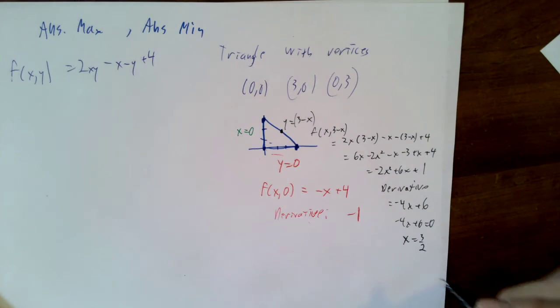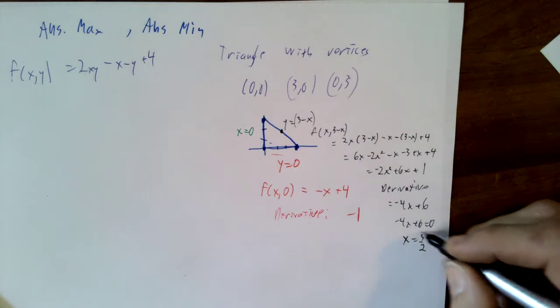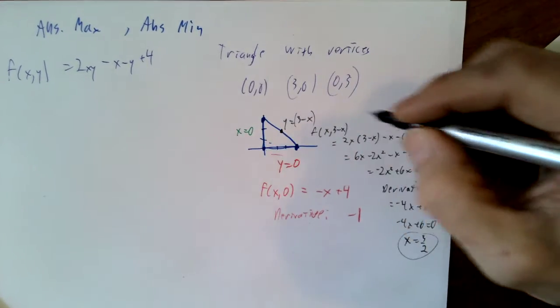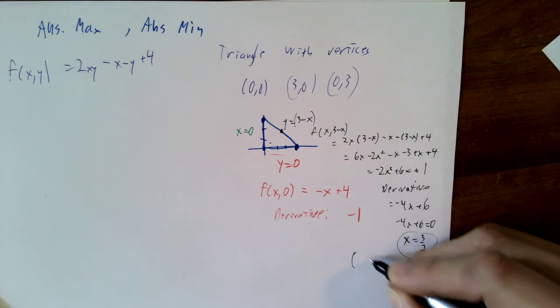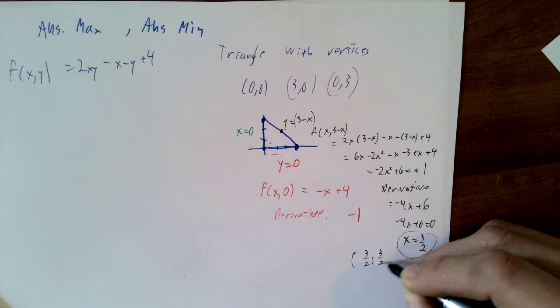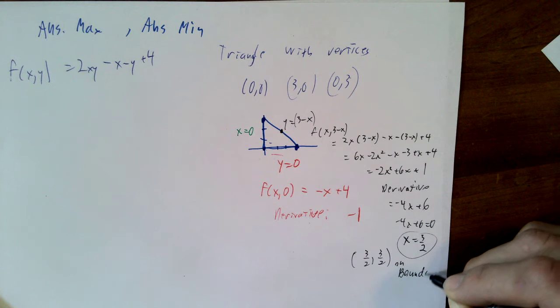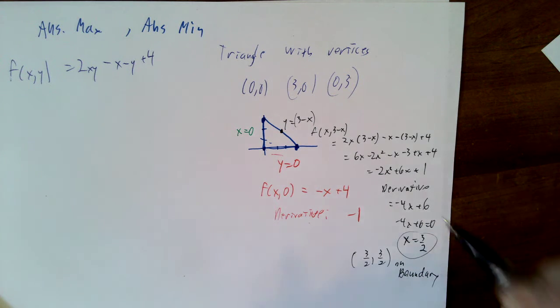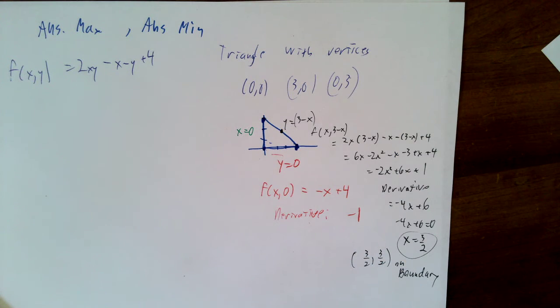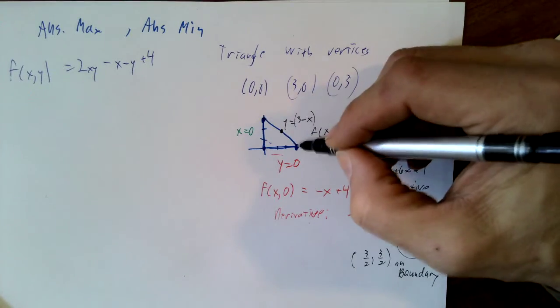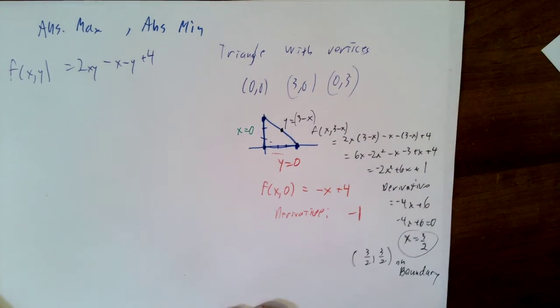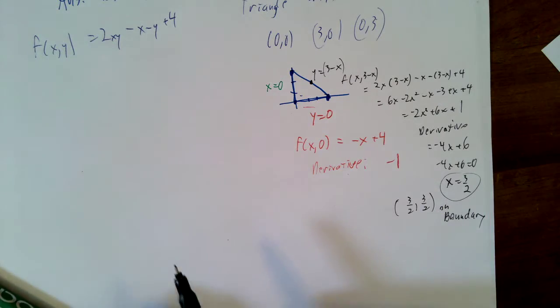There's a point out there on the line, so if x is 3 halves, y is 3 minus 3 halves. So we're looking at an ordered pair, 3 halves, 3 halves. That's on the boundary. And then the corners, of course, could be, well, I know this is a downward parabola, so maybe these are mins. I don't know, we'll see. The corners, possibilities there.